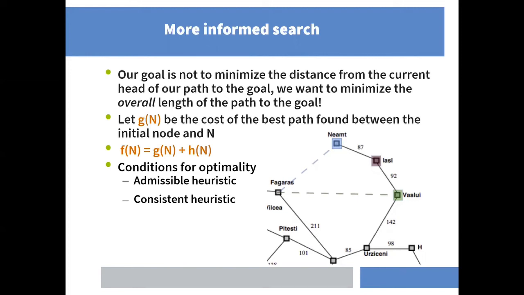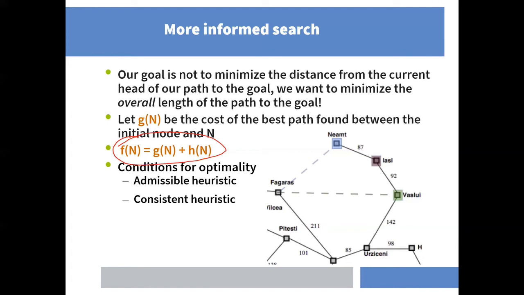Thus, if we are trying to find the cheapest solution, a reasonable thing to try first is the node with the lowest sum of g(n) and h(n). This is the estimated cost of the cheapest solution through n. So that's here: f(n) equals g(n) plus h(n).